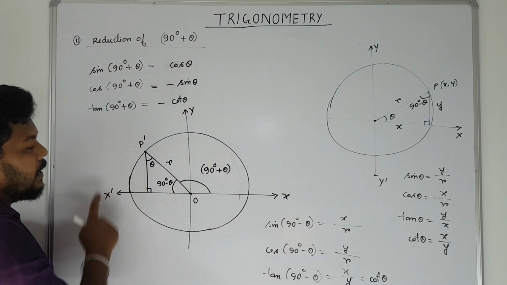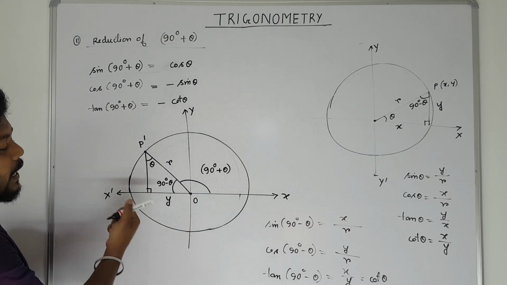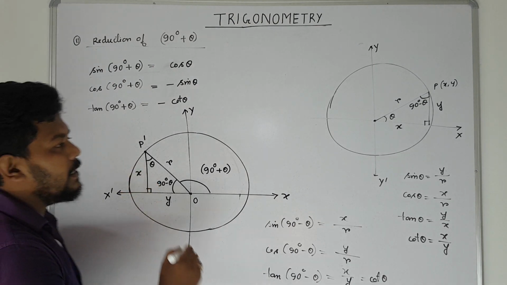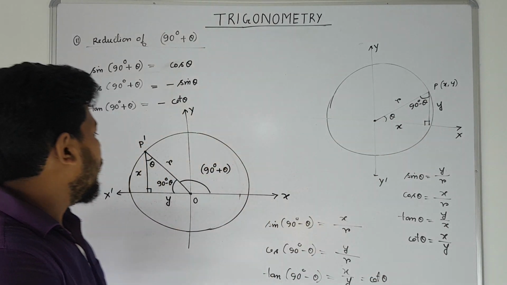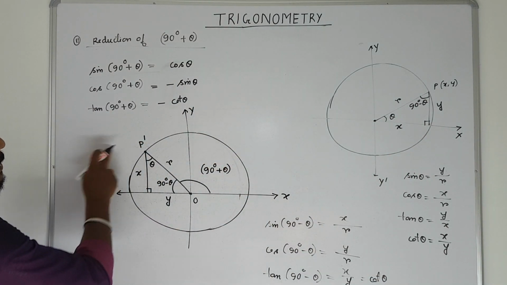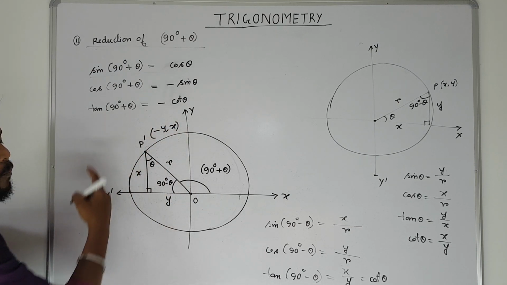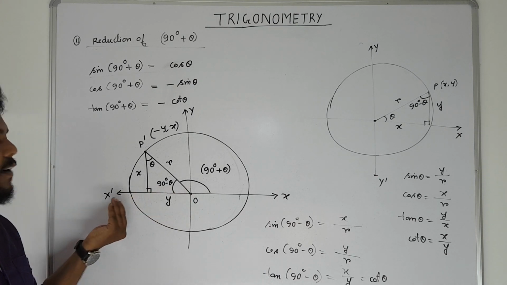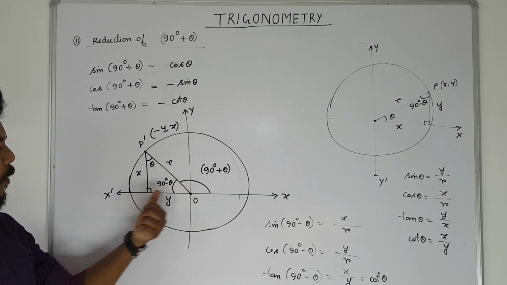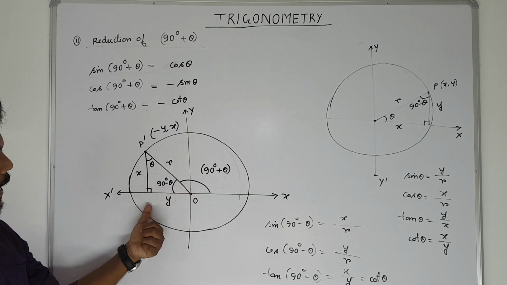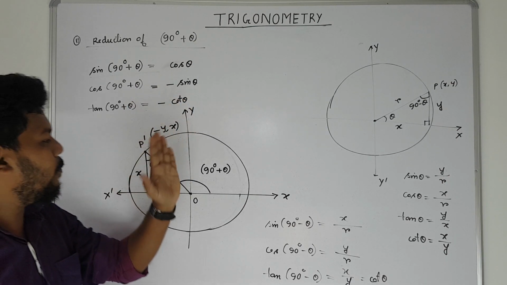Similarly for this triangle, the side opposite to angle theta will be equal to y, and for the angle 90 minus theta the opposite side will be equal to x. So I can find the point P dash having coordinates minus y comma x. Why minus y comma x? Because on the negative side of x axis your x is negative. So here from the origin we are going y units toward the negative side, so minus y, and x units toward the positive side of y axis. So the point P dash will be equal to minus y comma x.